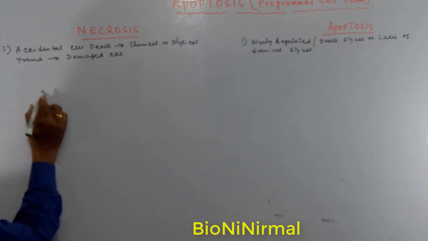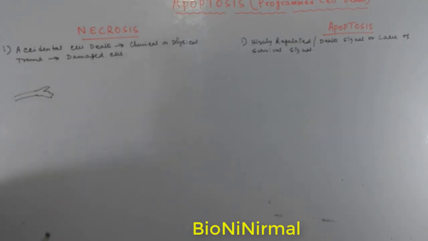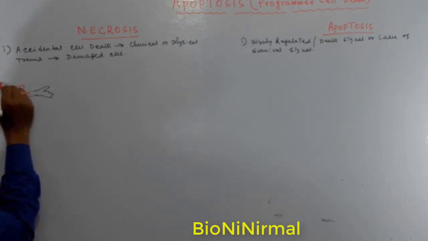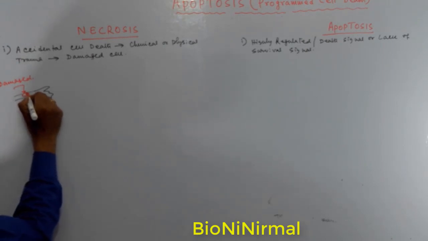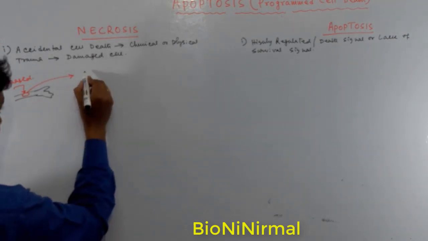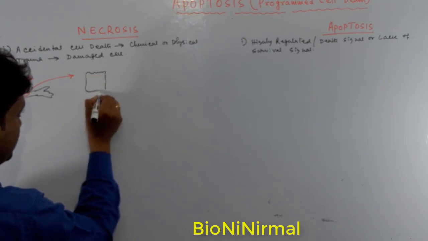Now suppose this is an organ, let's say this is the hand, and if any damage or trauma occurs in this region, then this region is damaged. If we look at a small portion of this region, we can see that there are many cells, and I am drawing these cells.